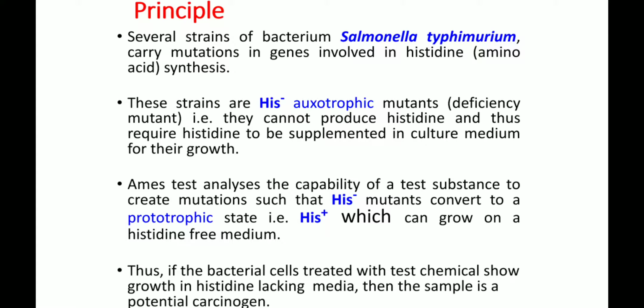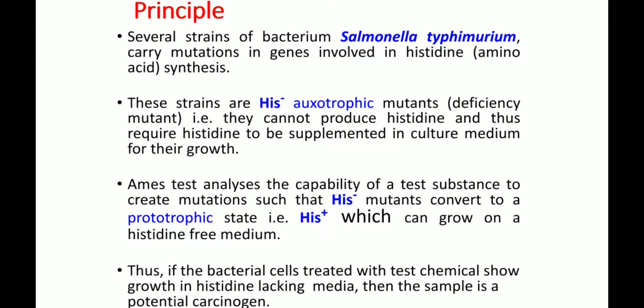These strains, all Salmonella typhimurium, have a histidine operon, and they code for various enzymes which help in histidine biosynthesis. Let's suppose there is a mutation in the structural region of this histidine operon, because of which histidine biosynthesis is not there.